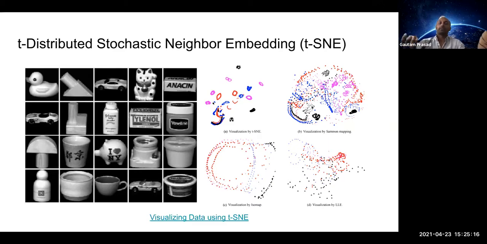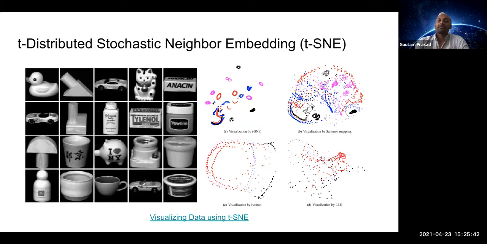And what TSNE will do is it will look at each of these images and understand the relationship to their neighborhoods. And it'll model this probabilistically. And then it will try to create a low dimensional representation of the relationships between these images that keeps the constraints that their neighborhoods are very similar.